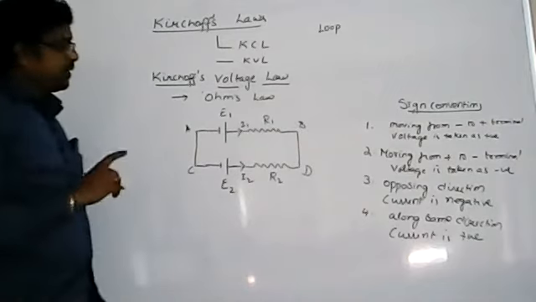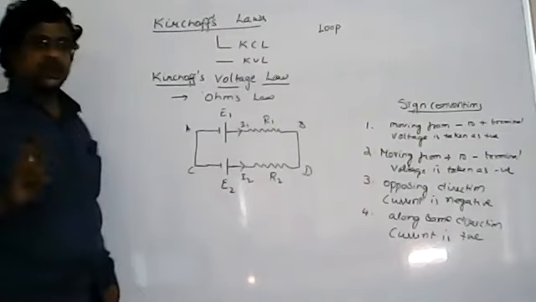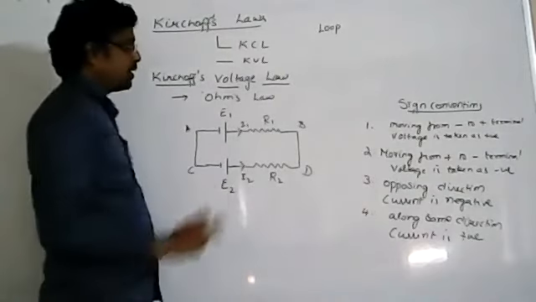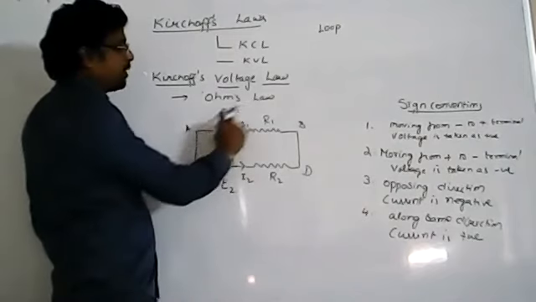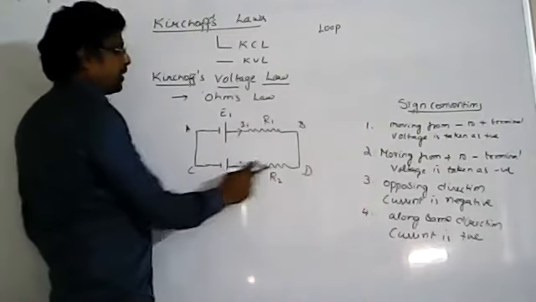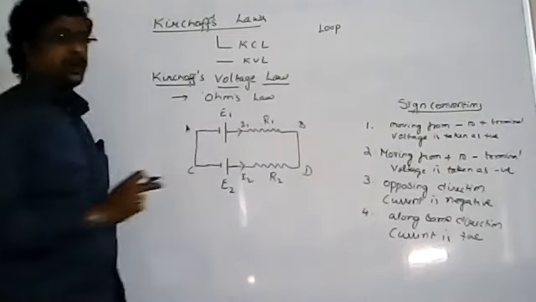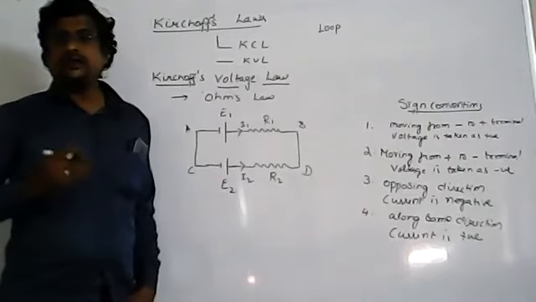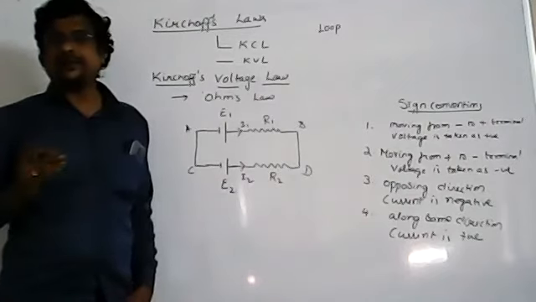Here E1, E2 are the two batteries, R1, R2 are two resistances, I1 and I2 are the currents. I1 is flowing in the clockwise direction, I2 is flowing in the anti-clockwise direction. Now we have to choose our analysis direction.